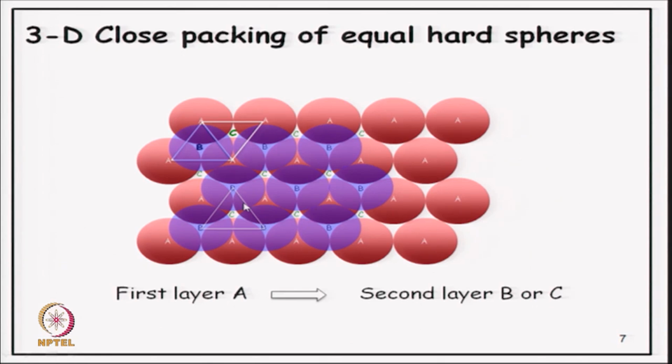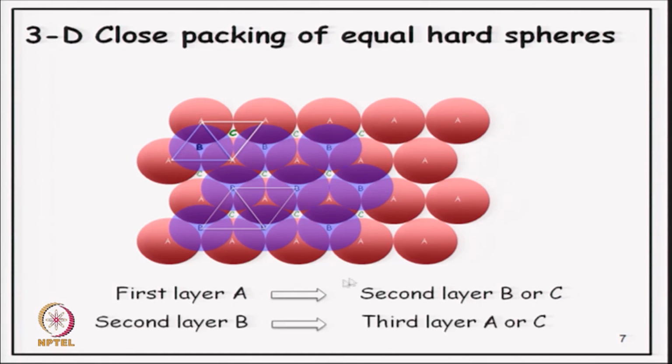So, this is one possibility, but you can see also that the 3 B atoms here, the adjoining triangle is forming an inverted triangle, and the center of this inverted B triangle is exactly above A. So, the third layer can again go on these 3 B atoms, which will be exactly on A. So, if I choose the second layer as B, the third layer can either be A or C. So, on A I can put B or C, and on B I can put A or C.